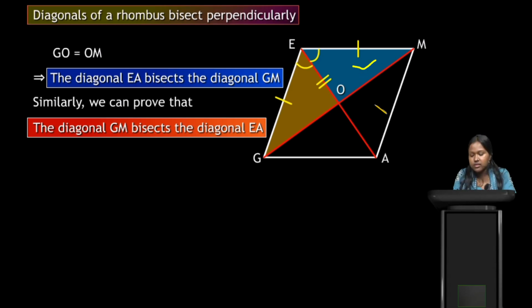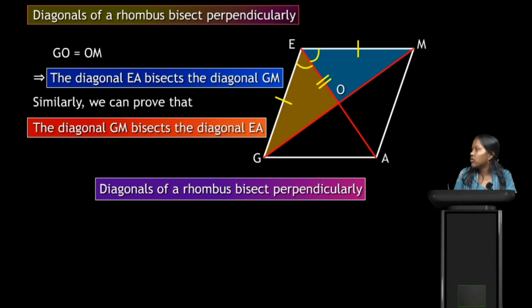If you take these two adjacent triangles, suppose this time triangle EOM and triangle MOA, and show that both triangles are congruent, then by CPCT you can tell EO is equal to OA. That means again O is the midpoint of AE. That means GM bisects EA.